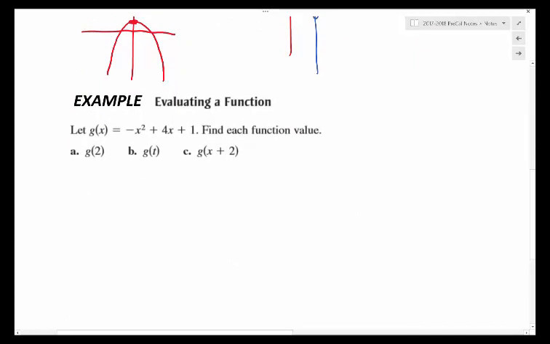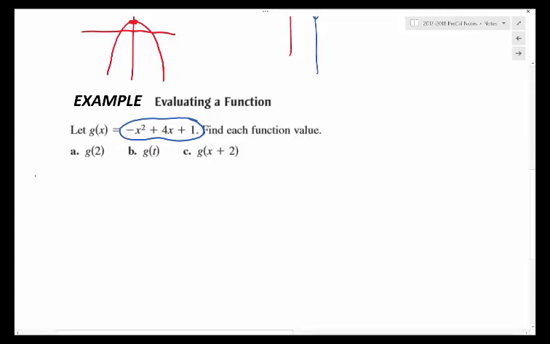Now, when we say evaluate a function, this is something you're very familiar with. It's the substitution property of equality, and it is simply the plug-it-in property. You are given a function. If g of x is negative x squared plus 4x plus 1, find each of these: g of 2, g of t, and g of x plus 2.